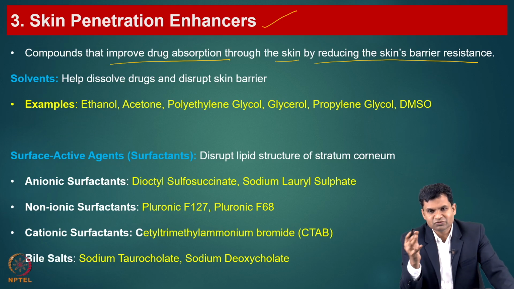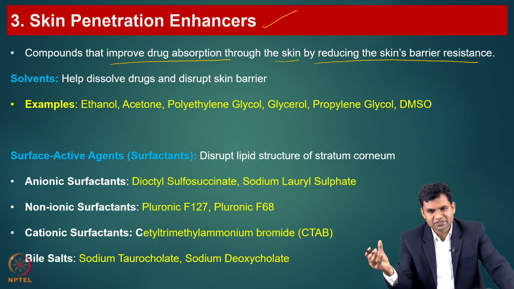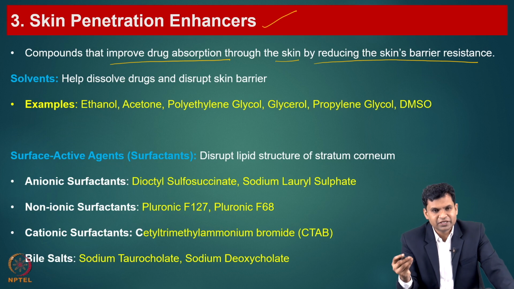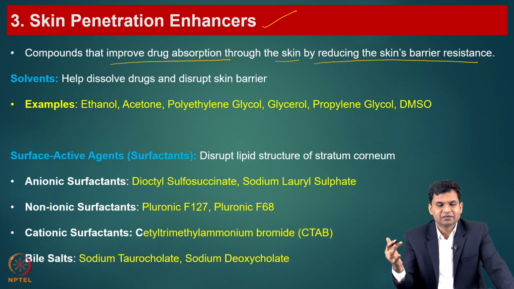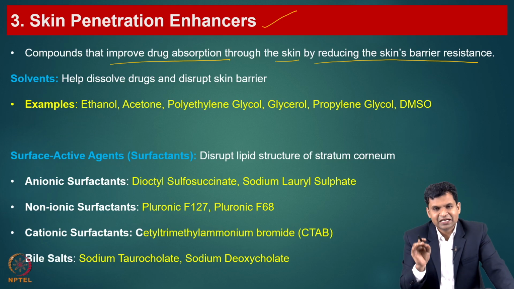We have seen the various mechanisms: they disturb the lipid layer of the stratum corneum, modify the proteins present in the stratum corneum, and help the solubilization of the drug in the lipidic membrane. Not only that, they also disturb the tight junctions in the skin.